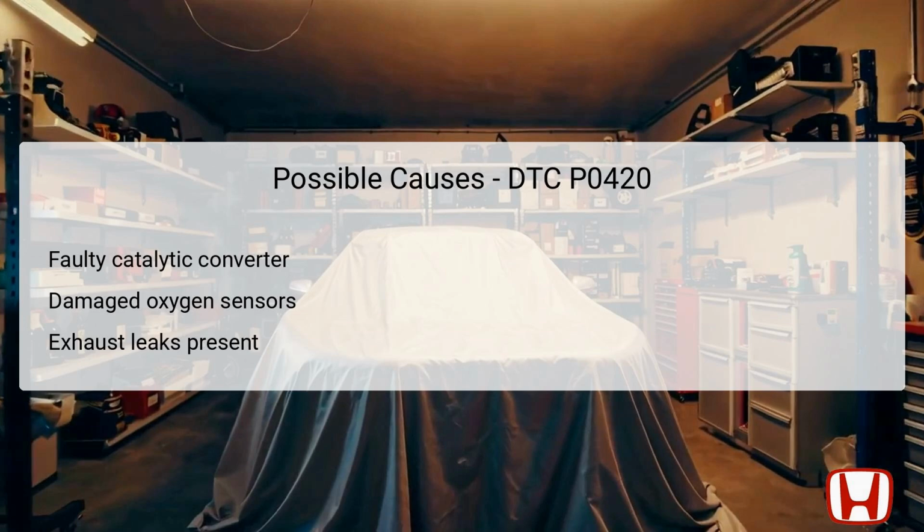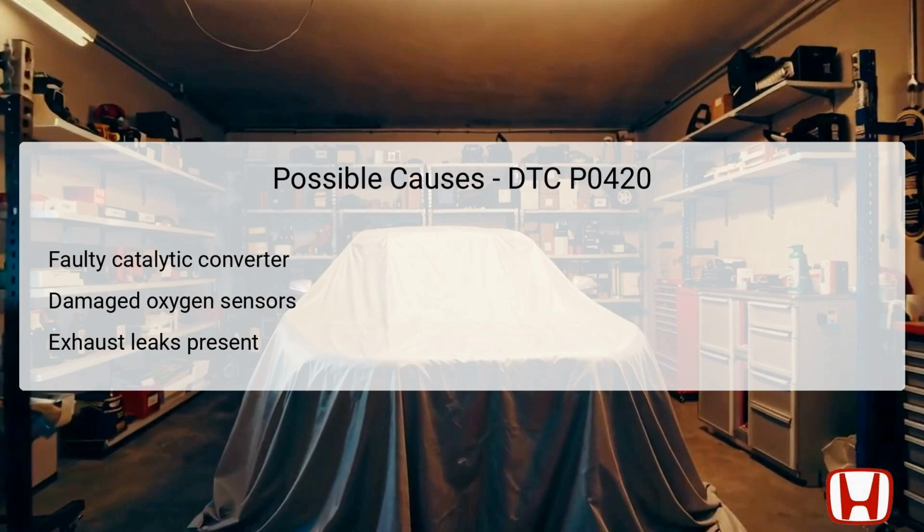Firstly, a faulty catalytic converter is often the primary suspect. It could be failing to convert exhaust gases effectively due to age or damage. Secondly, issues with the oxygen sensors, specifically the secondary heated oxygen sensor, can also trigger this code. If these sensors are damaged or malfunctioning, they may provide inaccurate data to the engine control module, affecting engine performance and emissions.